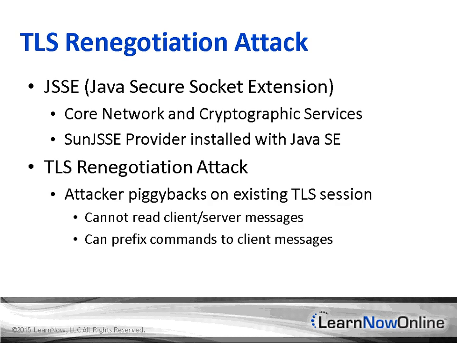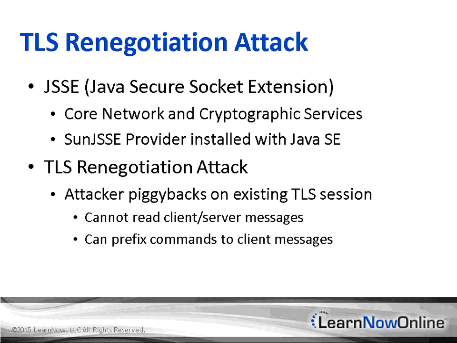Renegotiation is carried out on the existing TLS connection, with the new handshake packets being encrypted along with the other application packets. In the TLS renegotiation attack, the attacker piggybacks on an existing authenticated and encrypted TLS session. The difference between this attack and most man-in-the-middle attacks is that the attacker cannot read or alter the TLS session communication that is going on between the client and server.